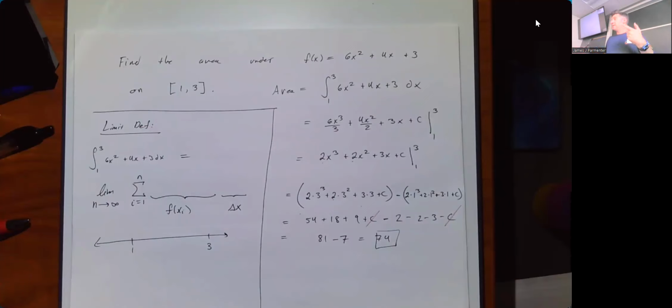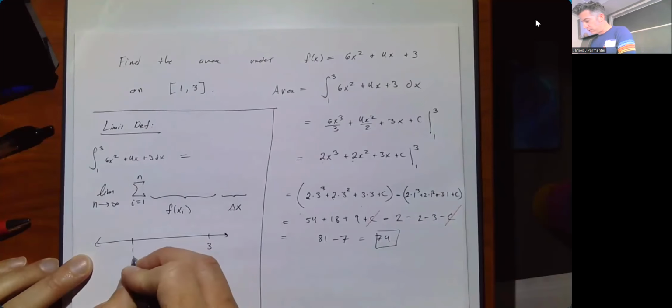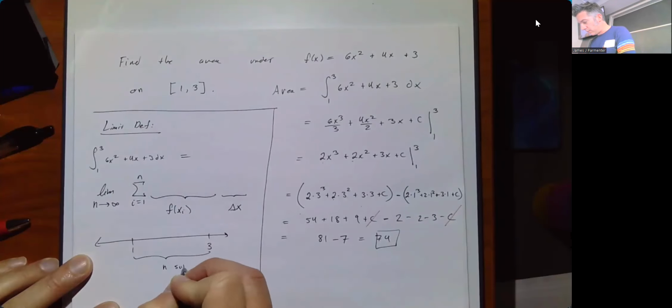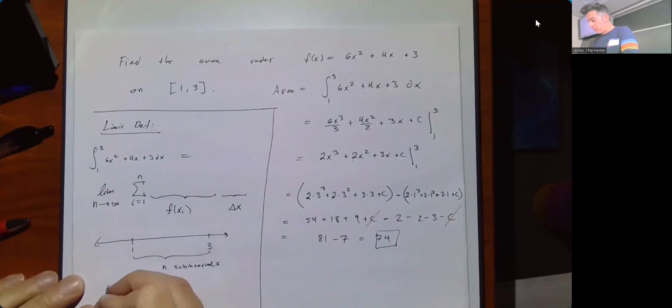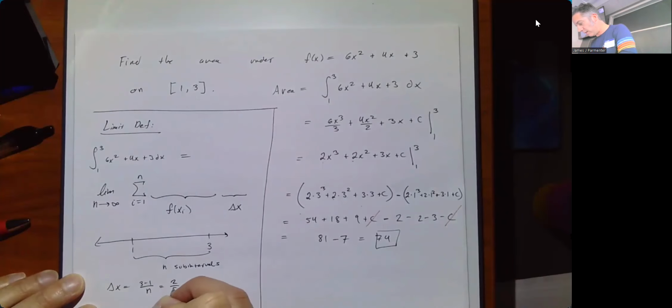So yes, in essence, infinity, but in reality, it's going to be n subintervals. Just like before when I broke the interval from 1 to 5 up into 8 subintervals, I did 5 minus 1 divided by 8 to find the width of each equal length subinterval. So here, my delta x is going to be 3 minus 1 divided by n, which is 2 over n.